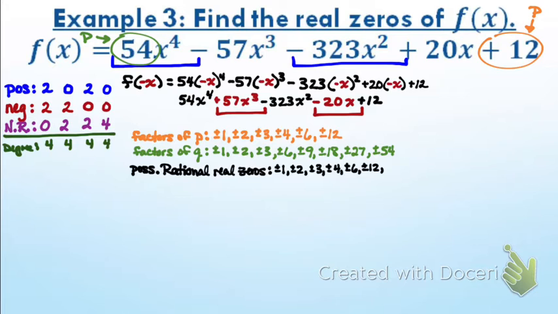Is 1/2 an option? 1/2, 2 halves, that's just 1, 3 halves, 4 halves, we already have there. 6 halves, we already have there, right? 12 halves, we already have there. I've got 1/3, and we could keep going, but I think I'm going to pause there.